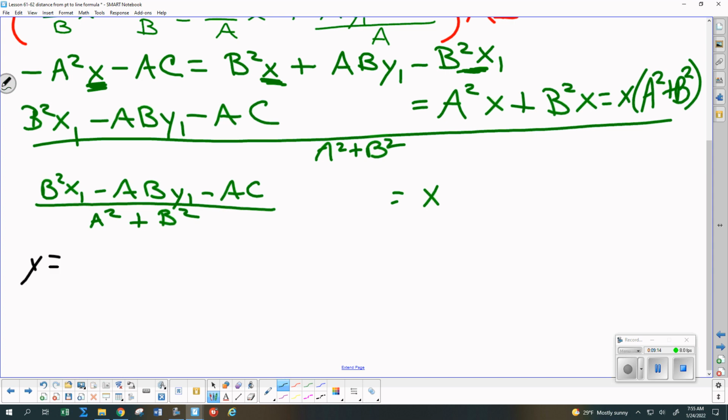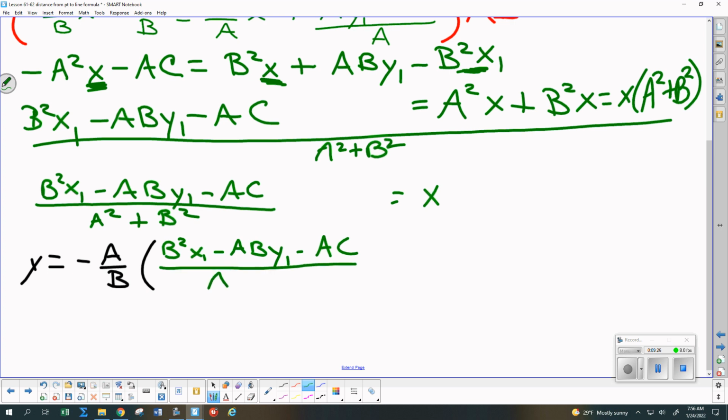So y equals minus a over b times this thing that we just found, b squared x1 minus ab y1 minus ac all over a squared plus b squared. And then our original equation next had minus c over b.